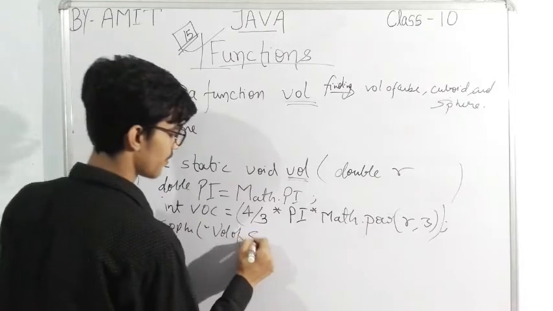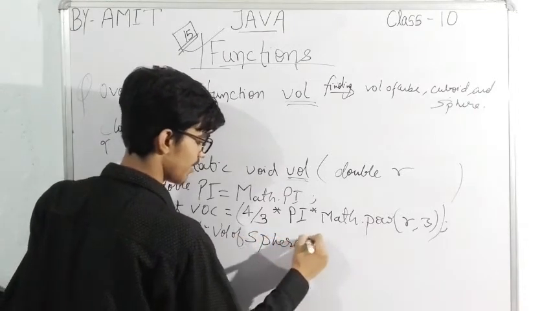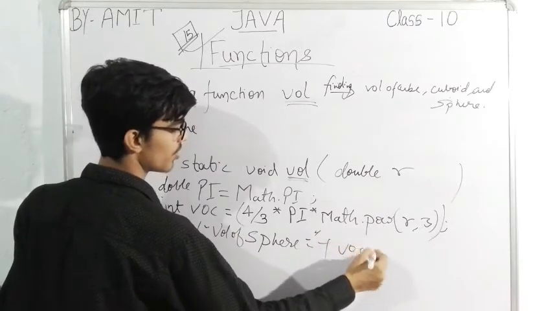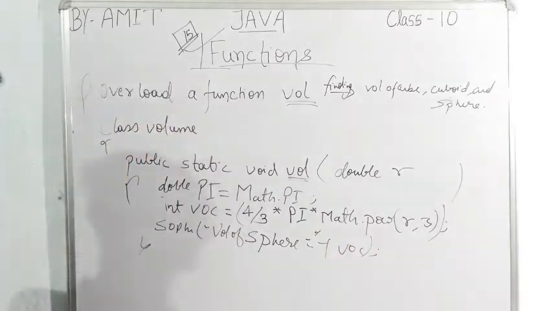So print volume of sphere is equal to plus voc. Three functions we have written in vol.